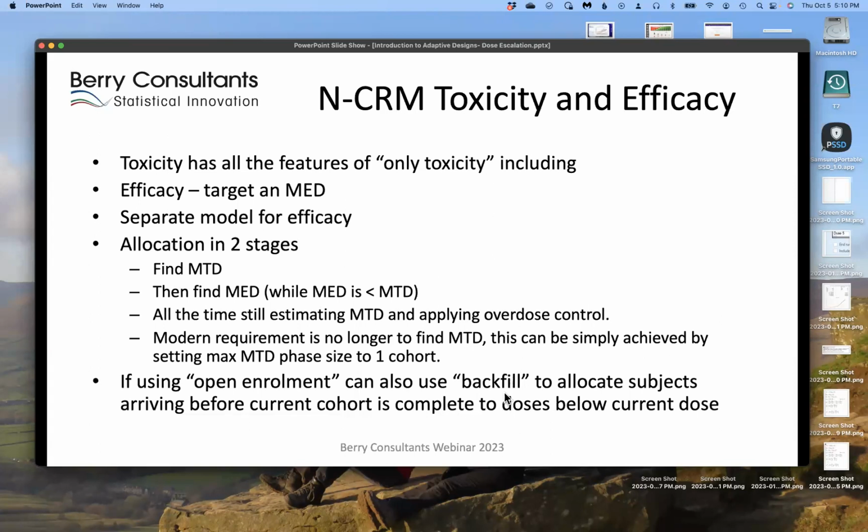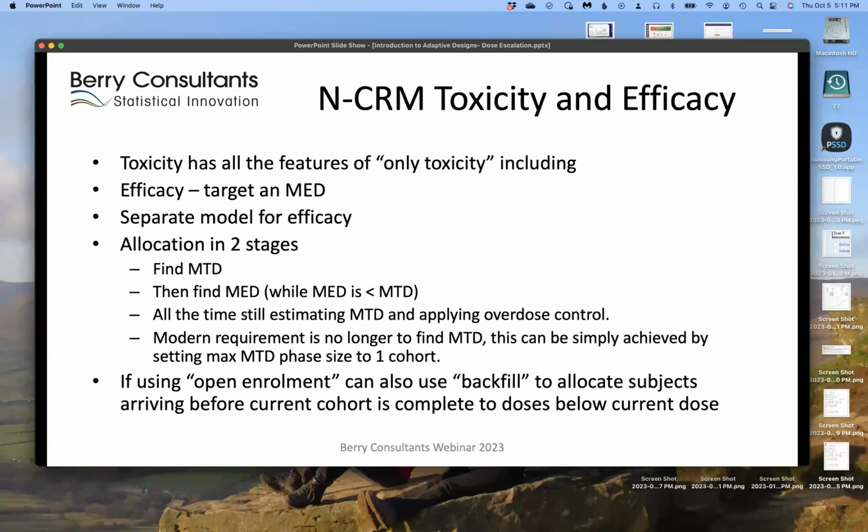And what you can use is what's called a backfill rule, which means that when you reach the maximum number of subjects who you're still waiting for toxicity information on, but subjects are still available to recruit, you can recruit, but you don't put them on the current dose. You put them on a dose below, with various rules that you can use to restrict how many you do and how far below the current dose you go.